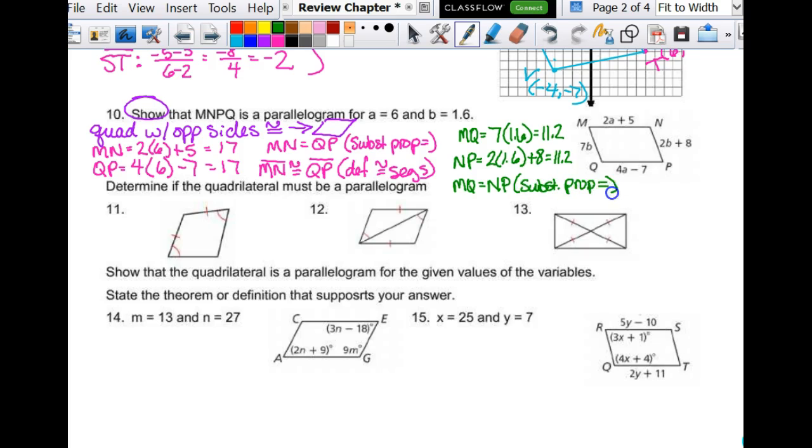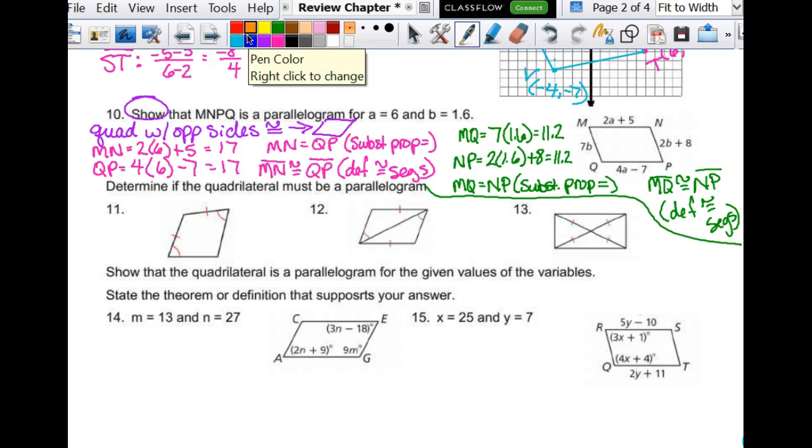I promise I'll give you more room to do this right on the test. And then line segment MQ is congruent to line segment NP, and that is the definition of congruent segments. So once all is said and done, you want to make sure you're trying to show that opposite sides are congruent, and that's what makes it a parallelogram. You showed that one set of opposite sides is congruent, the other set is congruent, and so you've justified your theorem.